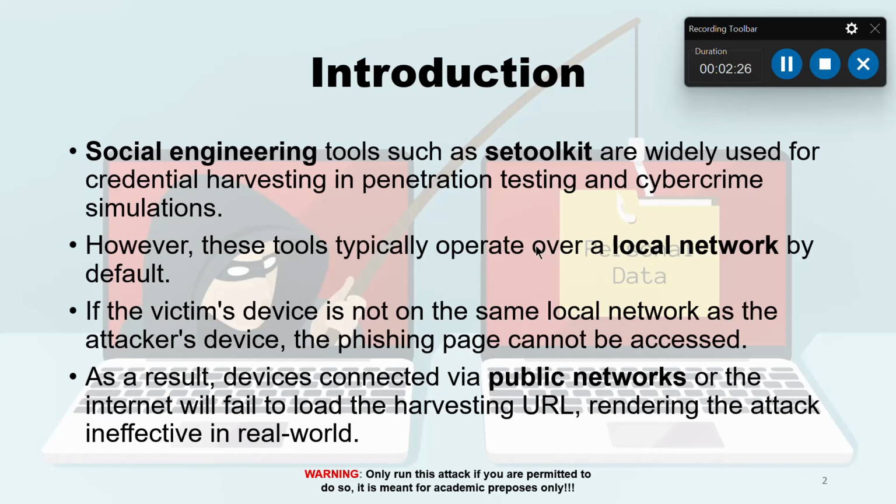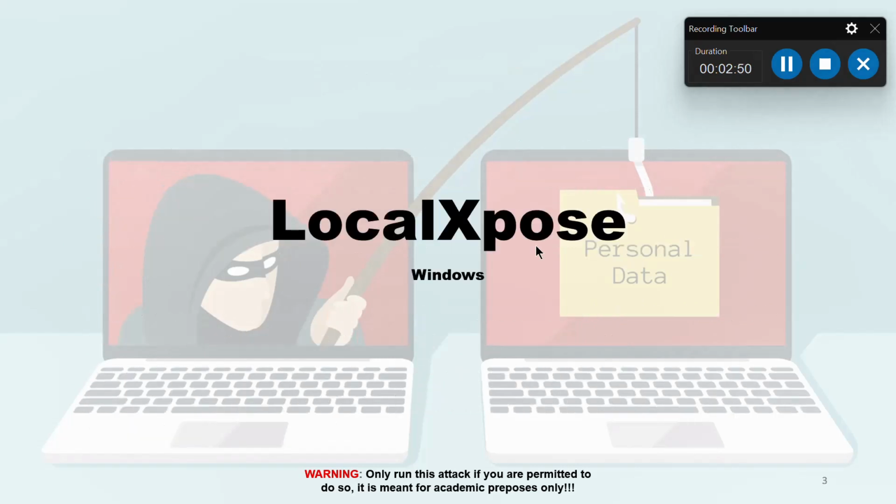Think of it as a case where you want to conduct penetration testing or ethical hacking on someone, if you have permission. You want to demonstrate how you can get their credentials, but you are failing to do that because you are not in the same network. So we are going to fix that particular limitation using these tools.